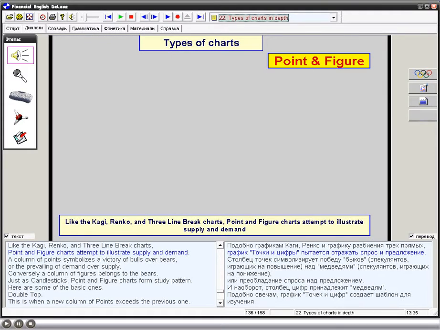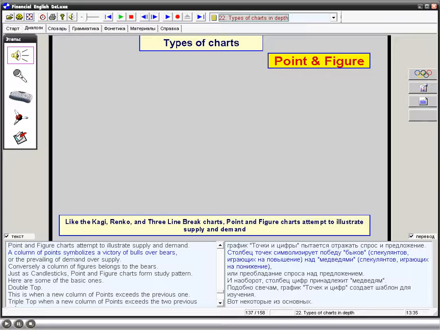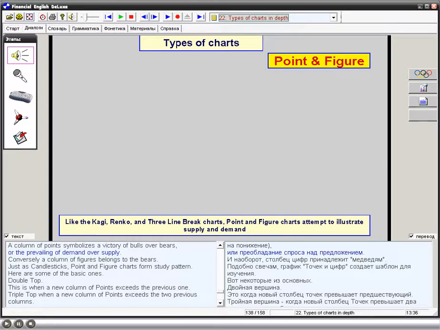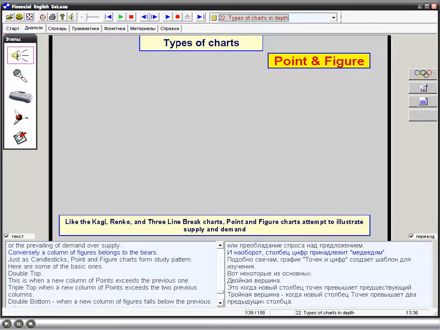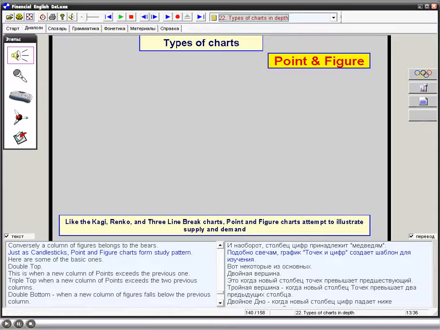Like the Kagi, Renko, and 3-line break charts, point and figure charts attempt to illustrate supply and demand. A column of points symbolizes a victory of bulls over bears, or the prevailing of demand over supply. Conversely, a column of figures belongs to the bears.